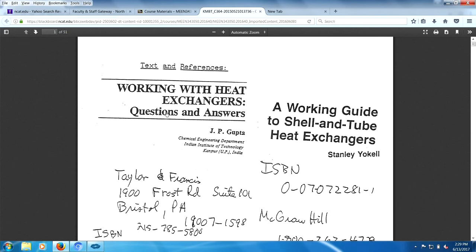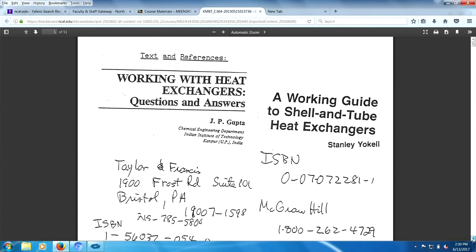This book is to give you basic fundamental knowledge, so you can walk in like a real stud, I'll tell you. This book does two things: it teaches you about shell and tube heat exchangers in depth and puts you to sleep at night while you're reading it. Ten pages a night would be a real challenge for you.